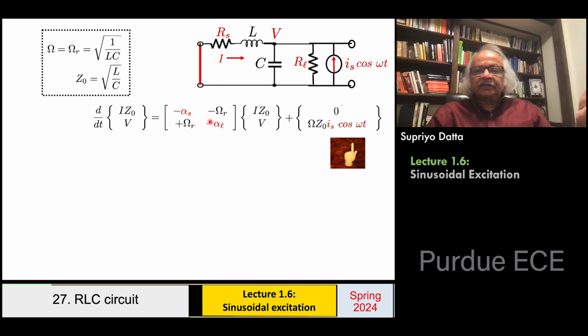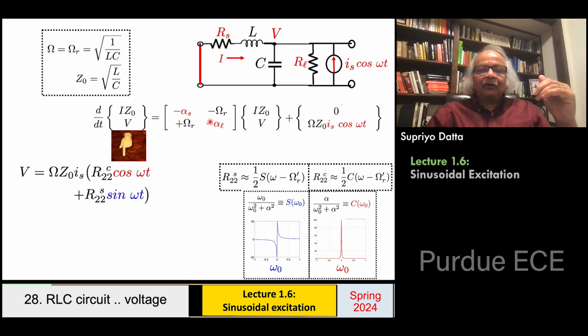So this is the equation that we want to solve. And earlier in this lecture, we had already worked on an equation that looked exactly like this. And we had shown that in that case, if you want to know the voltage, this voltage here, we have to look at the response function, the R22, because it's the second source term that's non-zero, and we want to know the second response term.